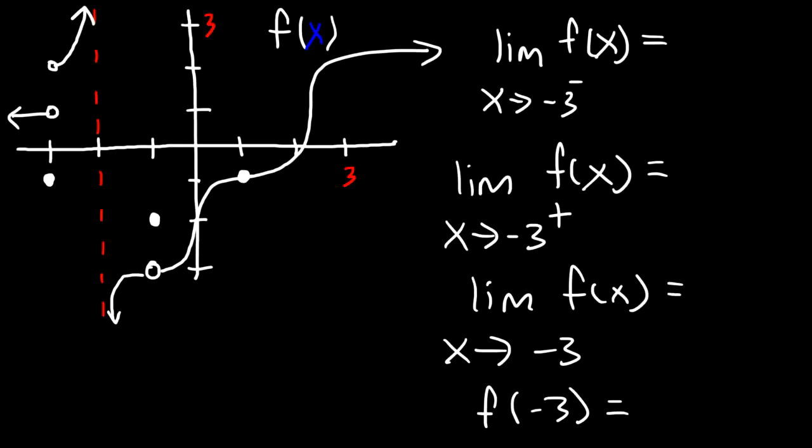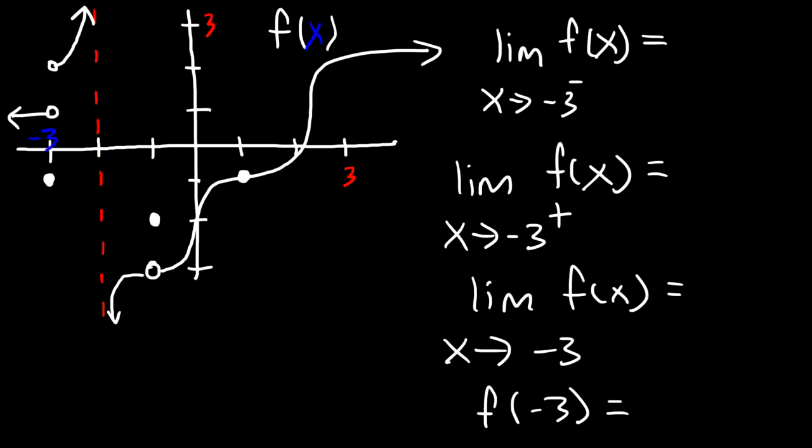When evaluating limits graphically. So what is the value that f of x approaches as x approaches negative 3 from the left? So first, identify the value where x is negative 3. So that's this point here.